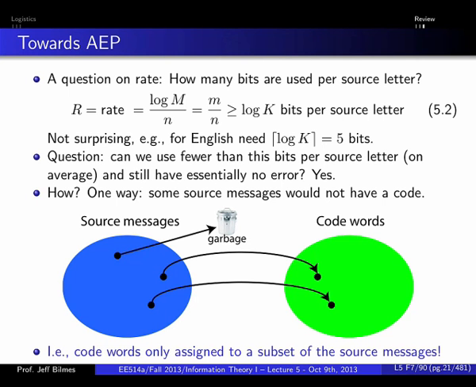As long as the rate isn't too small. And can anyone guess what that lower bound on the rate is? Entropy. It's the entropy of the source. The entropy will be the fundamental limit of source compression. We're going to see this many, many times, and I'm going to say this over and over again.